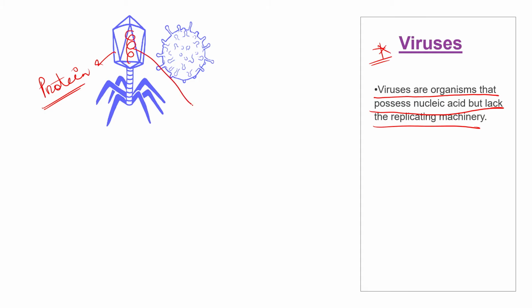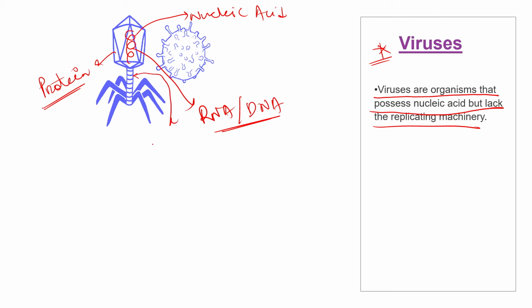This nucleic acid is either RNA or DNA, single stranded or double stranded, based on which virus we are concentrating on. And to protect the nucleic acid we have the protein part.